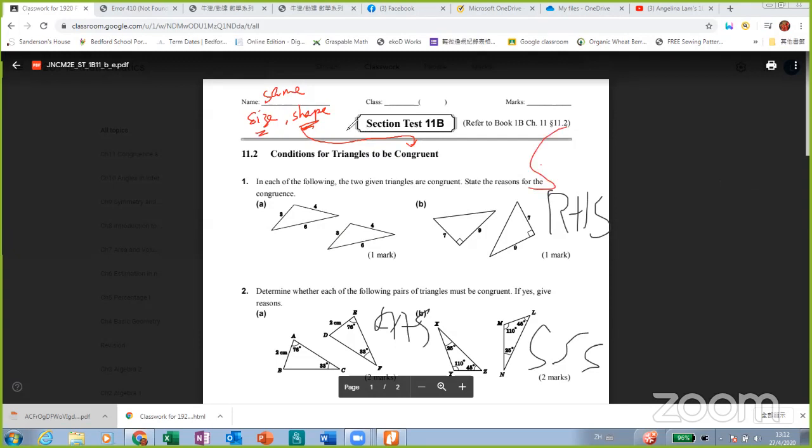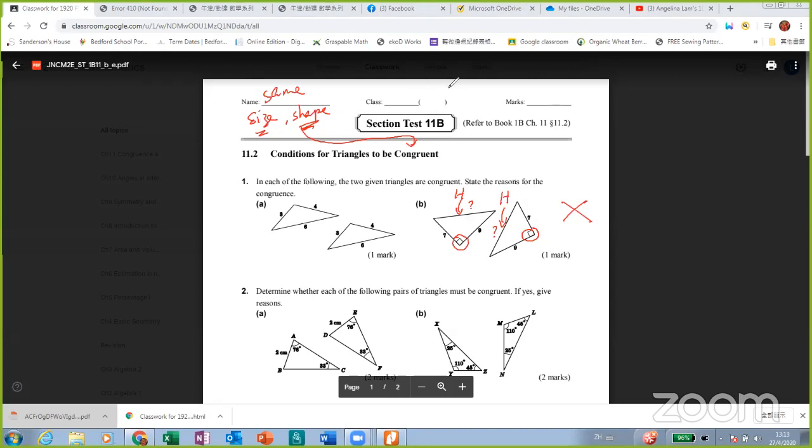Now, for this one, I have a pair of right angles, but not RHS. Think carefully. This is the hypotenuse. H means this one. But you can see that we don't have any information about the hypotenuse.